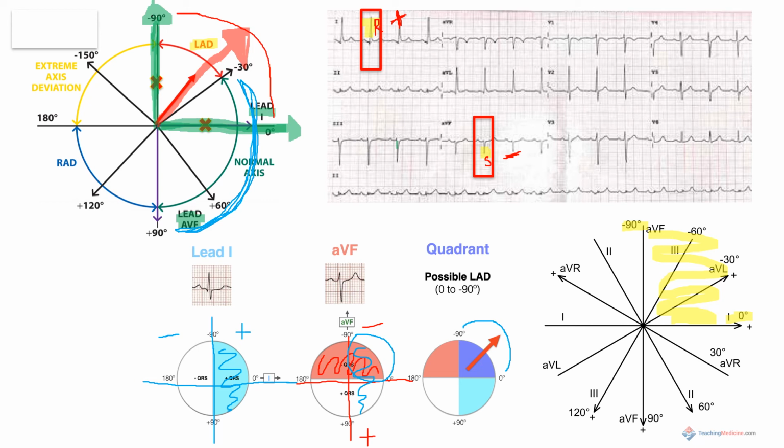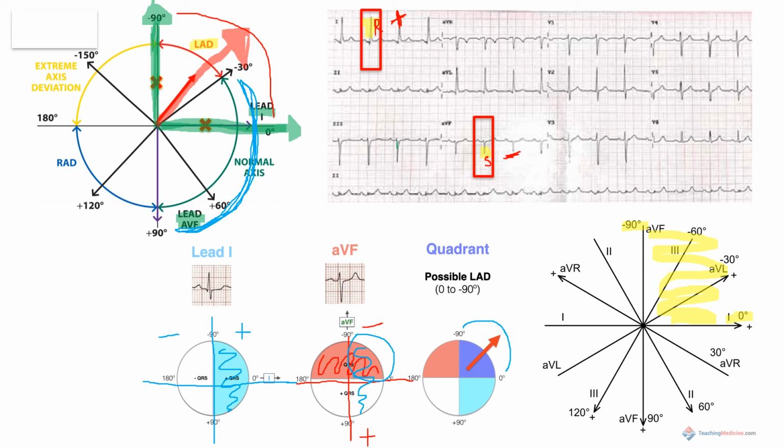What are some reasons why your mean electrical axis could shift a bit to the left? Well, it could be due to pregnancy. Obesity can cause that.